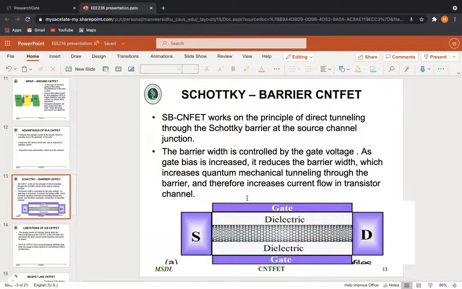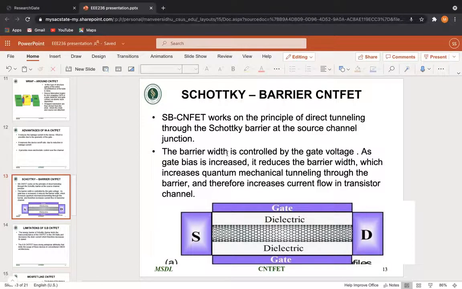The Schottky barrier CNTFET is the first type of CNTFET that came under the operation type category. The Schottky barrier CNTFET works on the principle of direct tunneling through the Schottky barrier at the source channel junction.